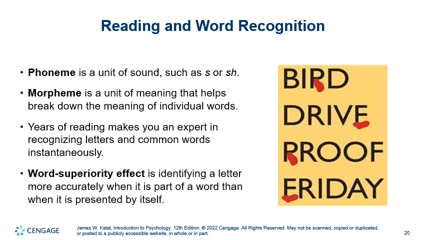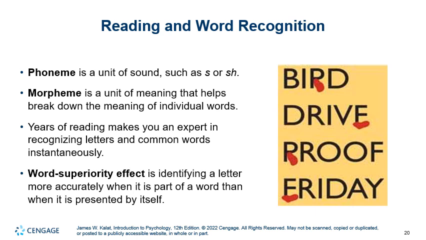Now let's break down how we go about reading language. We're talking about reading and word recognition. A phoneme is a unit of sound such as sh or s. Then we have morphemes, a unit of meaning that allows us to break down the meaning of individual words.